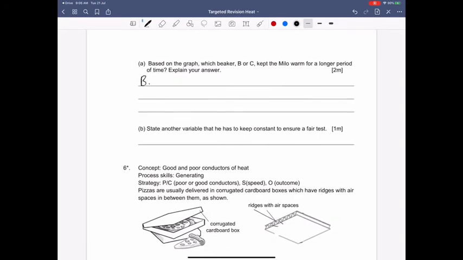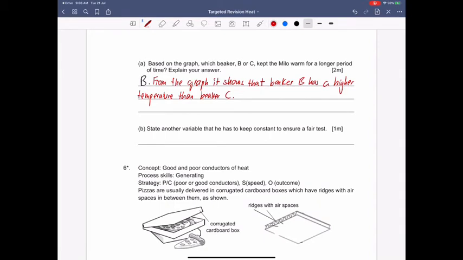And then my evidence in this case, I would say that from the graph, it shows that beaker B has a higher temperature than beaker C. So this is my evidence.